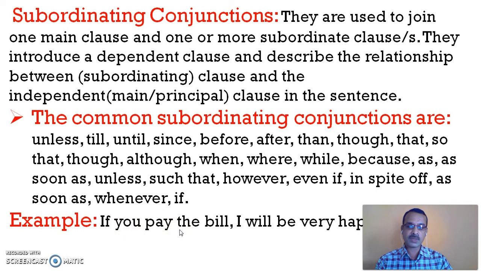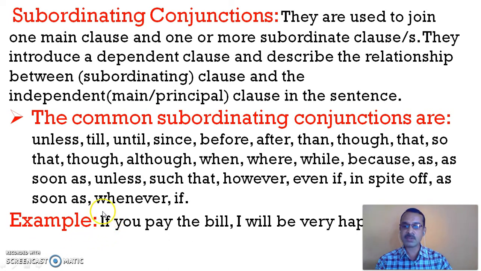Now the question is how to identify the subordinate clause. If we look at this example, you can see here the word if, that is our subordinating conjunction. While finding out the subordinate clause in an example, we can look for the subordinating conjunction.